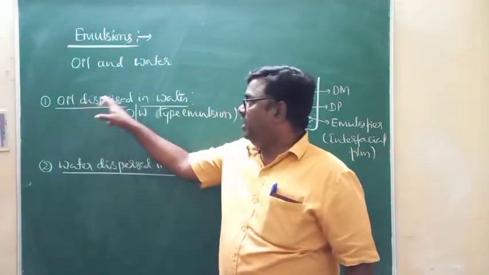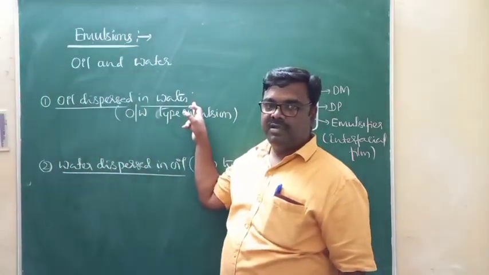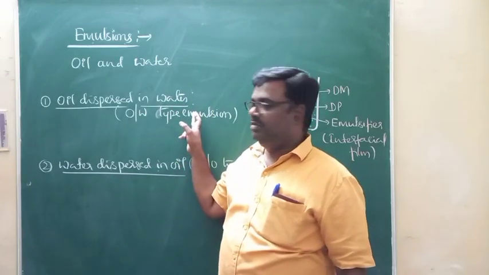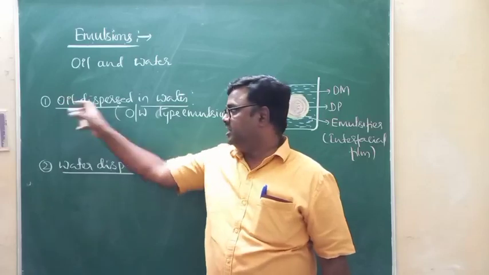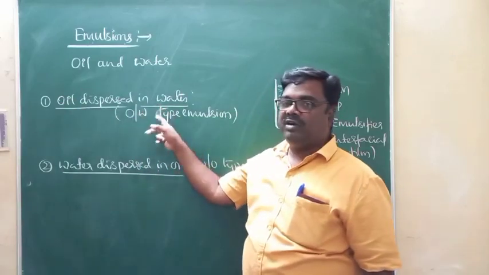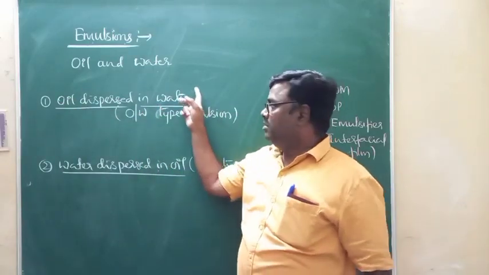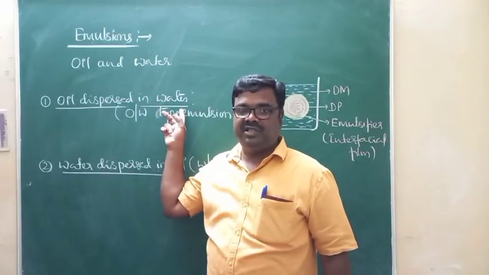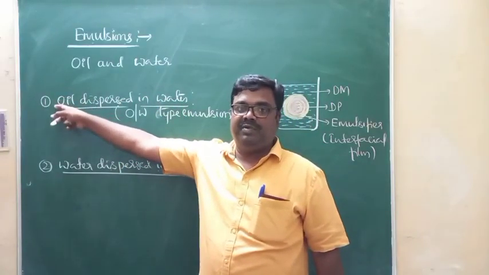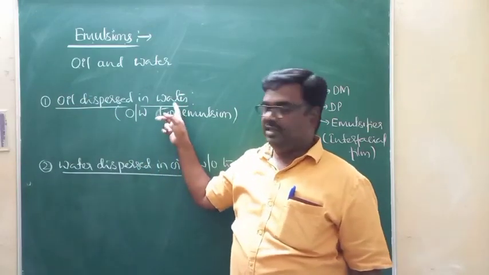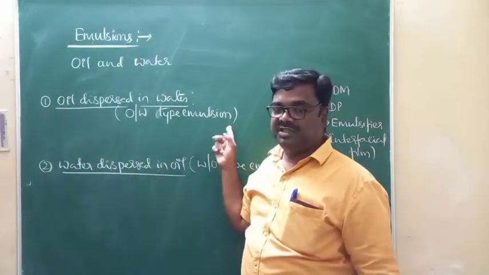In the case of oil dispersed in water, water is the dispersion medium and oil is the dispersed phase. Or you can say, in oil in water type emulsions, water will be in larger proportion compared to the oil, and oil will be in smaller proportion.